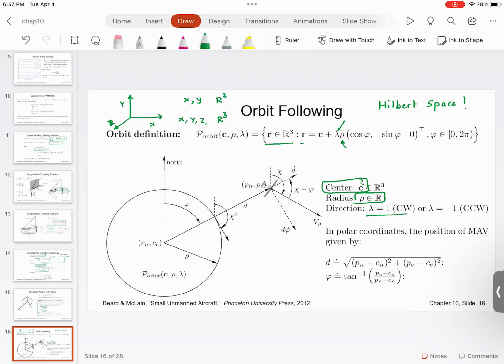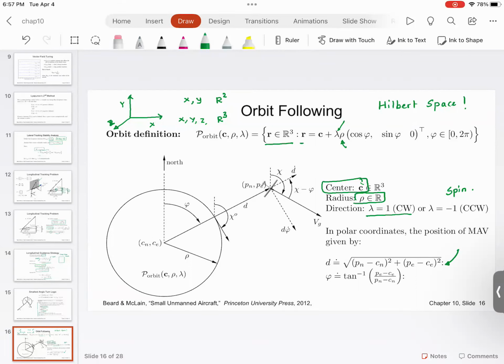And then you have direction, also called spin, defining clockwise rotation or counterclockwise rotation. And if you translate these definitions into polar coordinates, this is what you get. I'm sure most of you will recognize this as the equation of a circle.